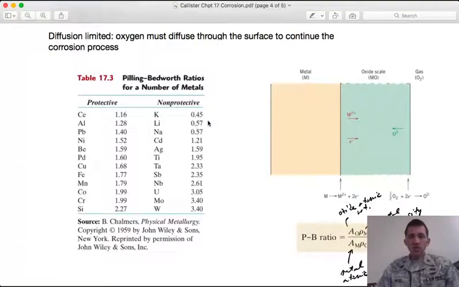So in either case, they don't match up very well, which means that the oxide tends to flake off. And when the oxide flakes off, that exposes new metal, which then reoxidizes. And as this process continues, the metal is consumed at a much more rapid rate.